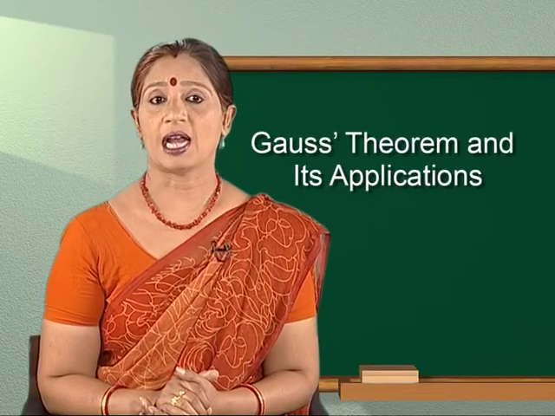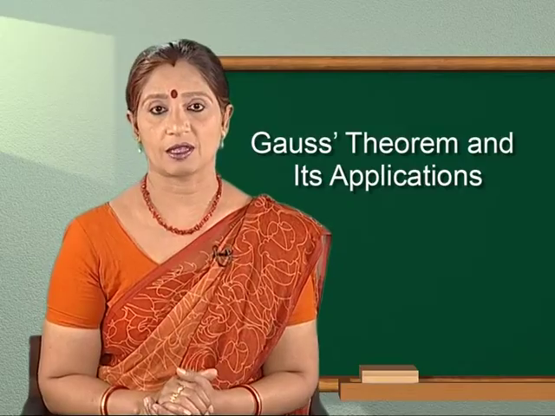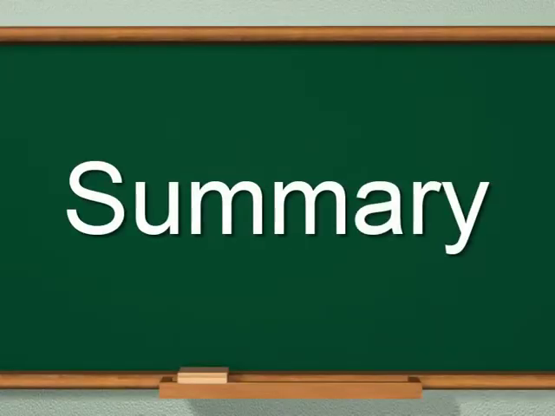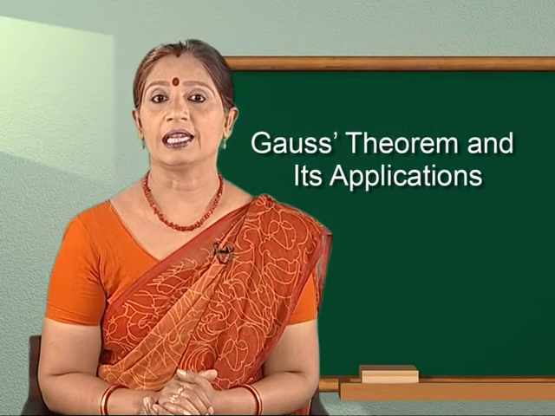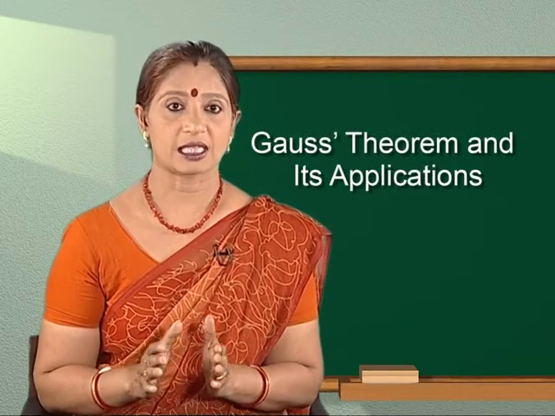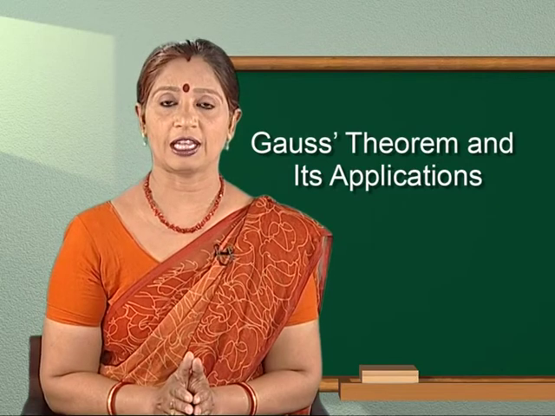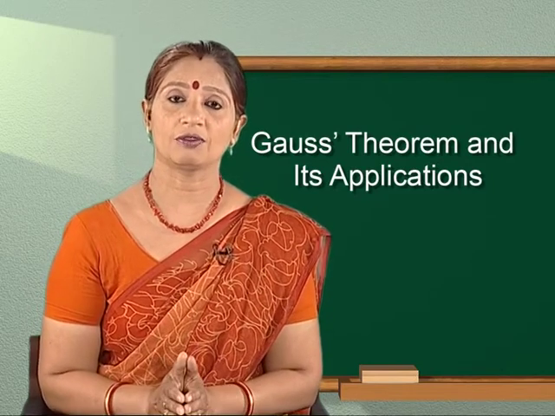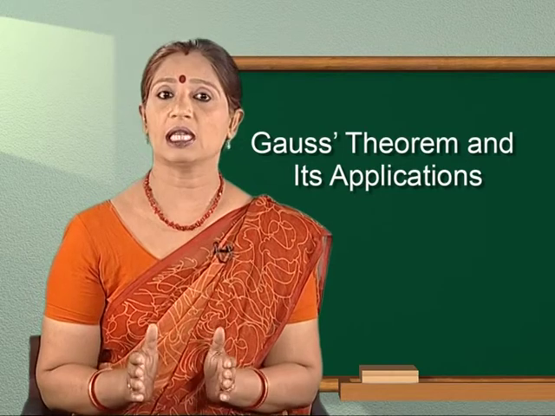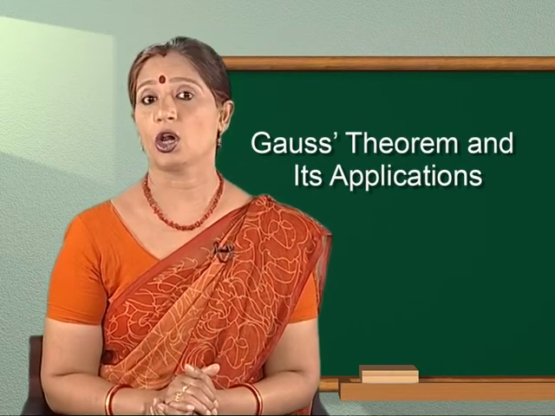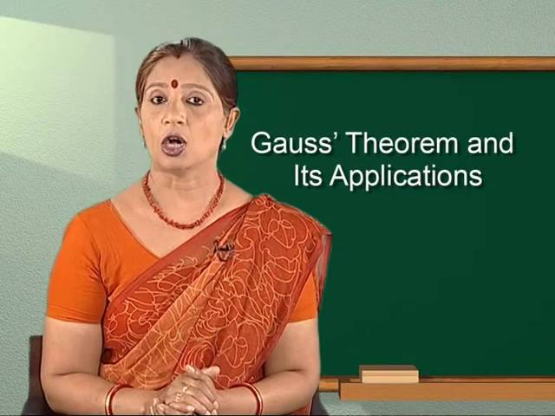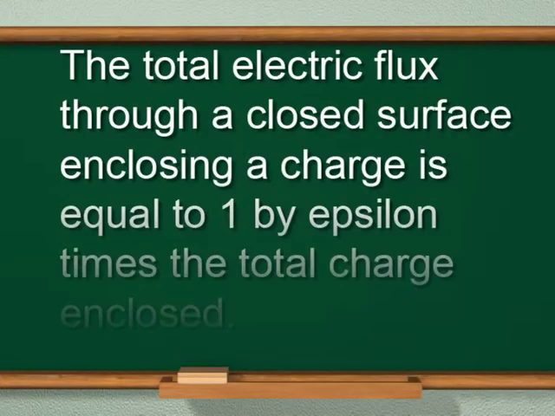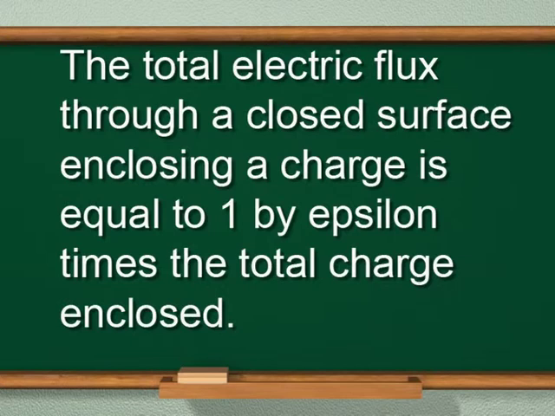We will now summarize all that we have learned today. The electric flux through a surface held inside an electric field represents the total number of electric lines of force crossing the surface in a direction normal to the surface. Gauss' law states that the total electric flux through a closed surface enclosing a charge is equal to 1 by epsilon naught times the total charge enclosed.